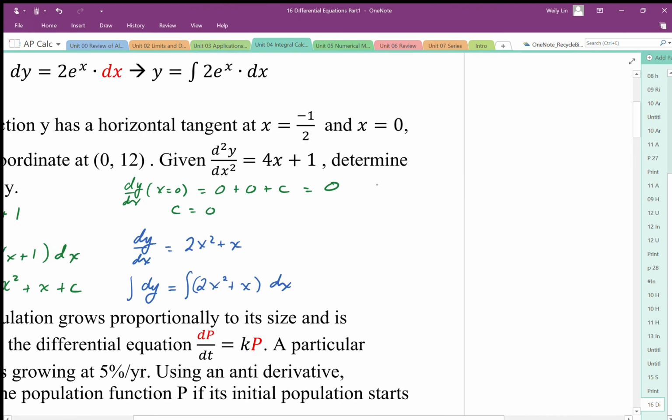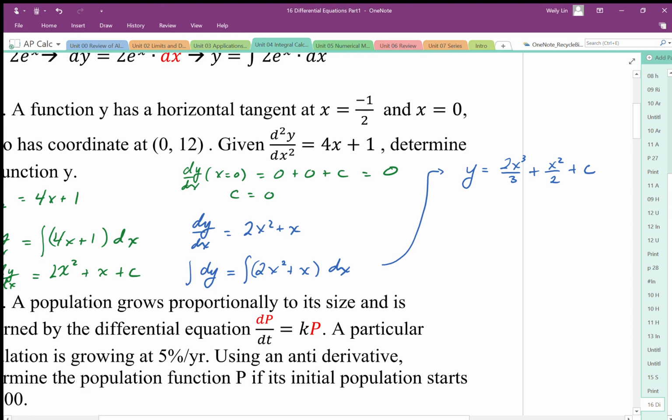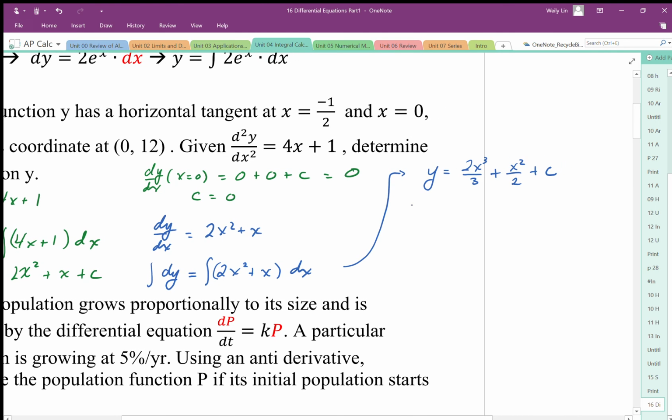So going from here to here, we end up with y equals, if I anti-differentiate this, 2x cubed over 3 plus x squared over 2 plus another c, and then I'm going to use that coordinate to solve for c. So I know that y of 0 is equal to 12. And so when I plug in 0, I get c equals 12, and there I've got my y function.